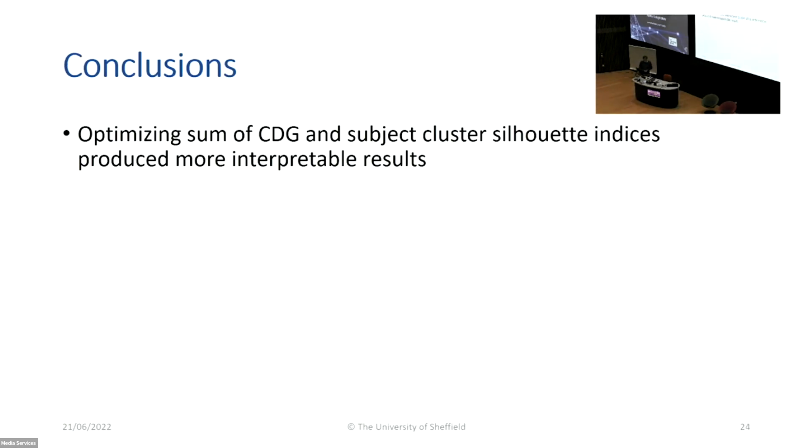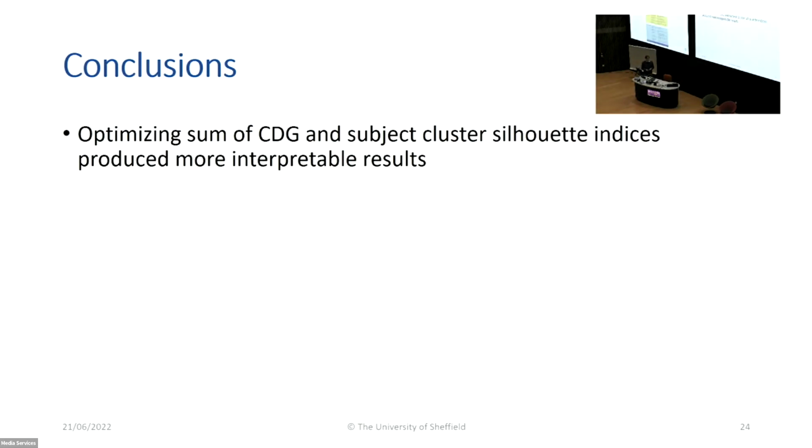We found that optimizing the silhouette index of the characteristic disease groups and the subject clusters simultaneously provided more interpretable results.